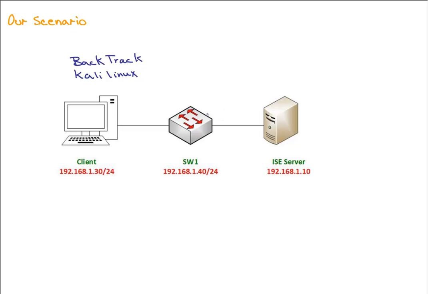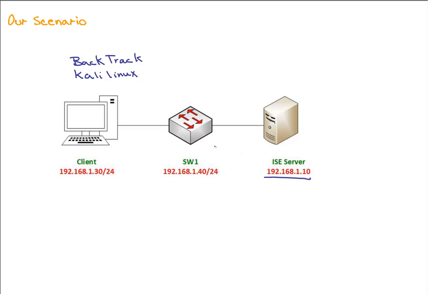In our scenario, as you remember, in the previous lecture we installed ISE on our server and assigned 192.168.1.10 as its IP address. So as you see, we have a very, very simple scenario. We have a switch, we have a PC, and we have a server. All of them are in the same VLAN.